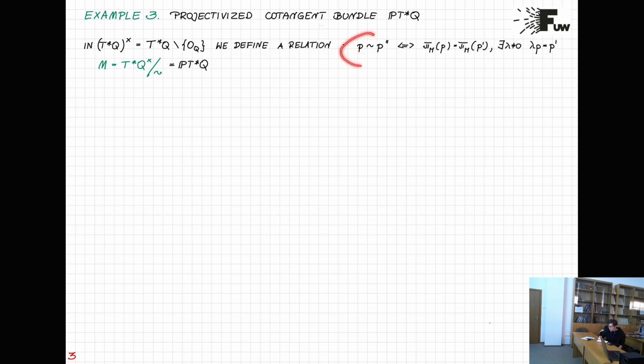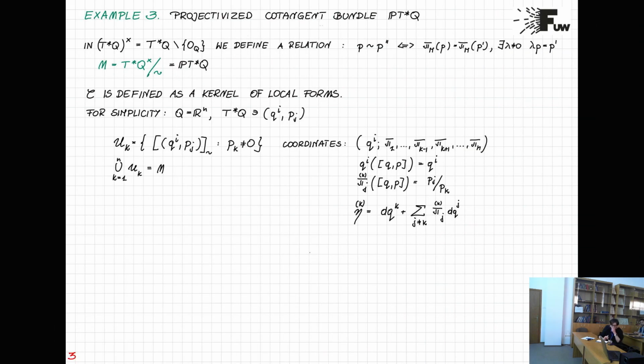which says that two covectors are equivalent whenever they are proportional. So there is a non-zero real number, this will be real projective space, so non-zero real numbers are such that two covectors are proportional, and our last example of contact manifold will be the quotient space of the space of non-zero covectors divided by this equivalence relation.